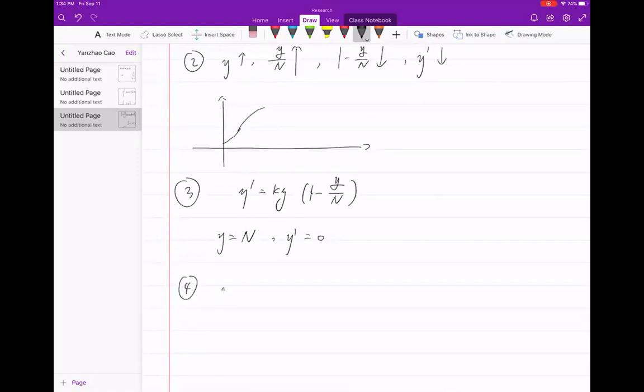Finally, what happens when y is bigger than N? That means y over N is bigger than 1. That means 1 minus y over N is less than 0. Then your y prime is going to be less than 0. You actually decrease. So you kill each other until you reach N again.